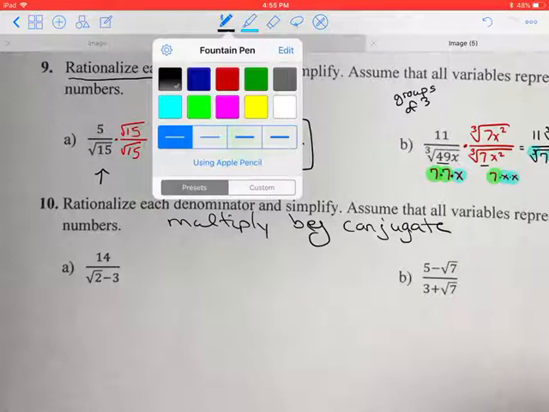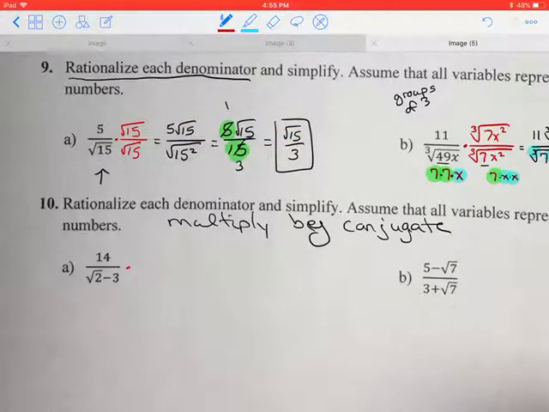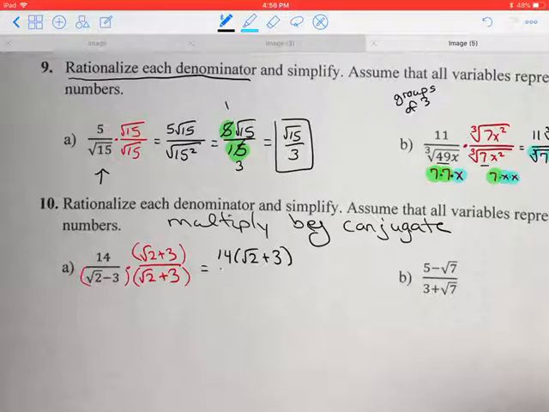So for the first problem, I want to multiply by the square root of 2 plus 3, and I have to do that top and bottom. Now these are binomials, so when I multiply, I do need parentheses around them. All right, so let's see what happens. On the numerator, I get 14 times the square root of 2 plus 3.